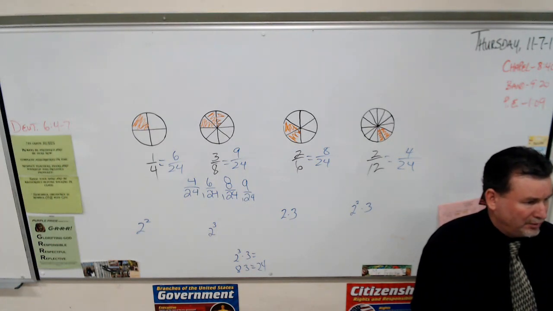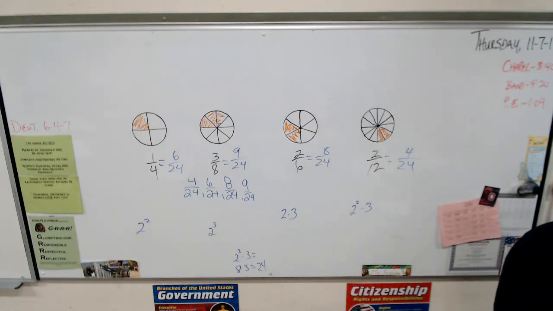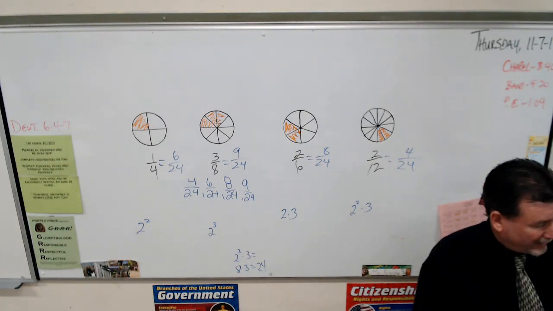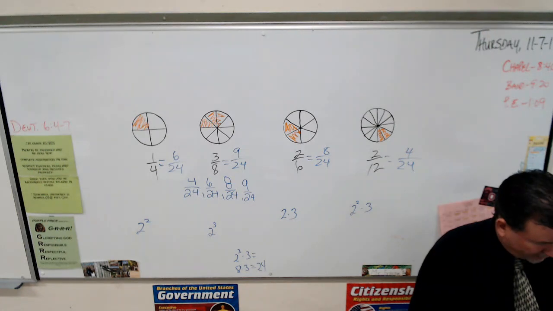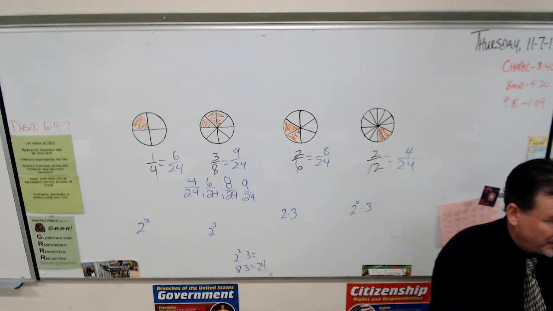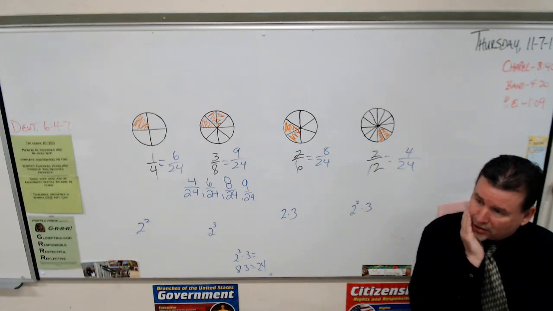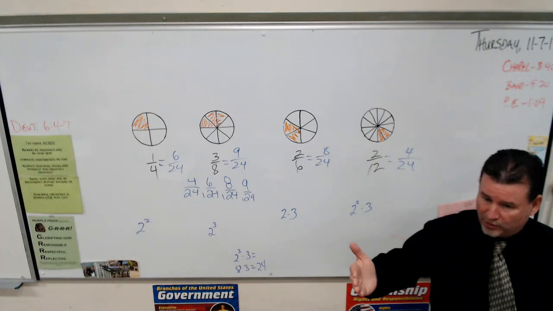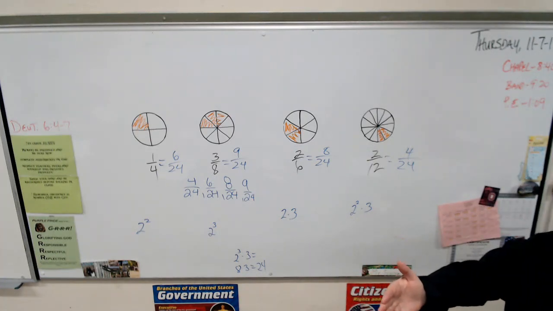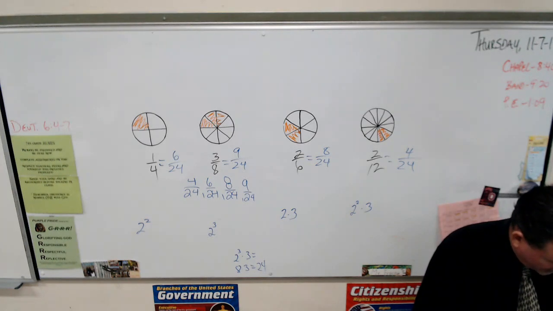Well, I don't know. Right off the bat, I wouldn't know. But I give them the same name, 24ths, and I see that it's 9 24ths compared to 10 24ths, because those were really close, right? And that's why when I first looked at it, I'm like, man, I don't know which one's bigger. And I've been doing this a long time. And it was really close. It was 9 24ths versus 10 24ths. So 5 12ths is just slightly bigger.